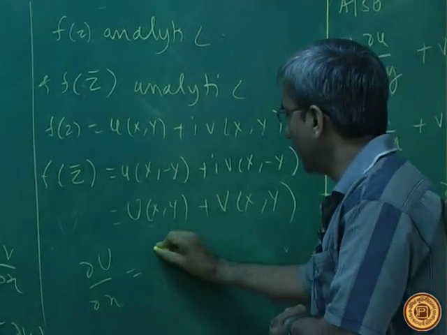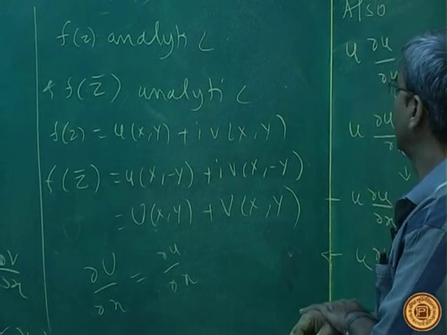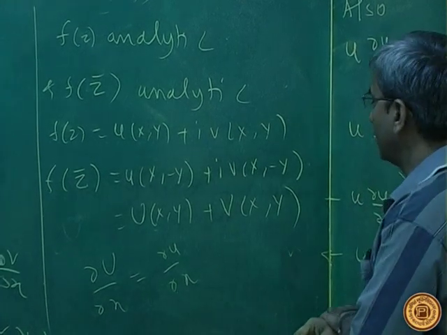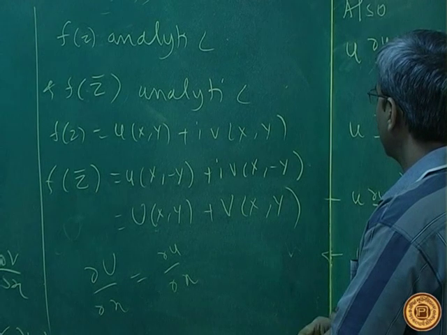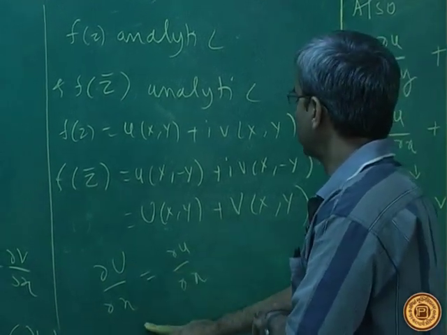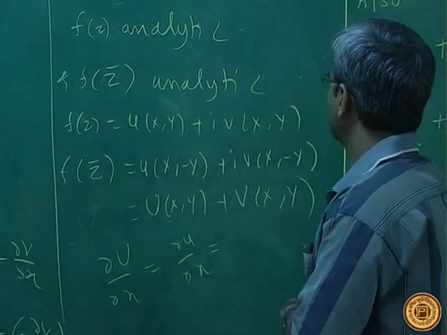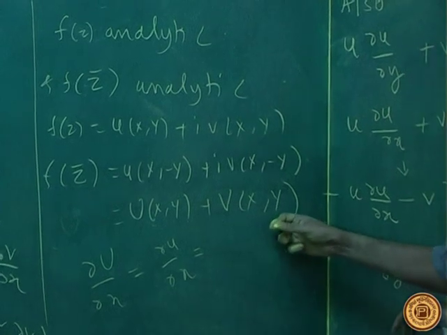It is ∂u/∂x, and ∂V/∂y is what? ∂u/∂x equal to ∂v/∂y. Now ∂v/∂y is what?